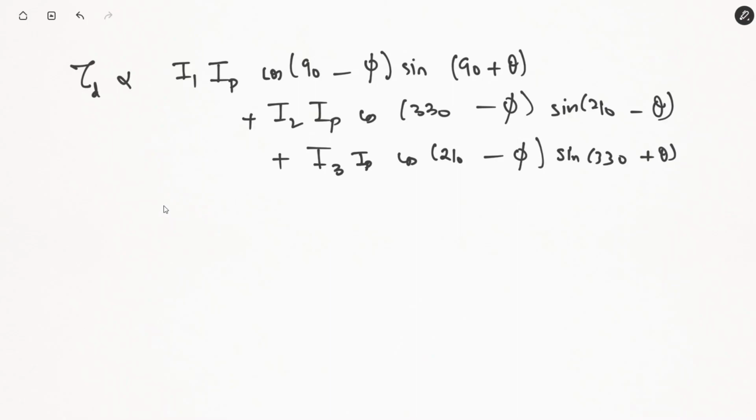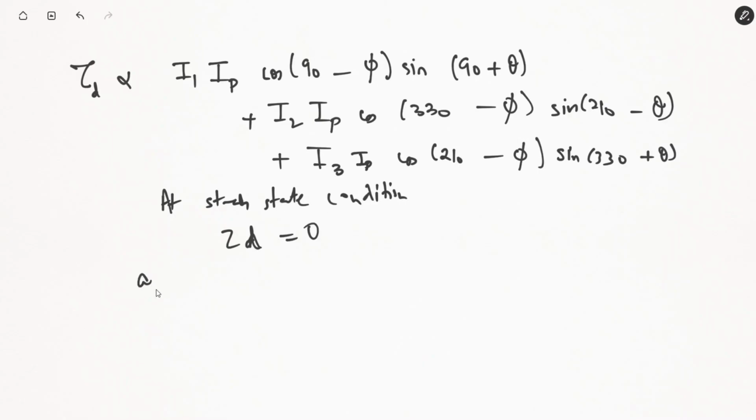At standstill, once the balance is met and there is no more deflection, at steady state condition, tau d, the net deflecting torque, will be equal to 0.